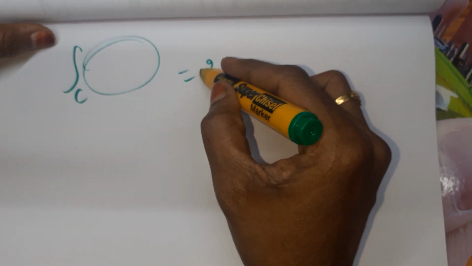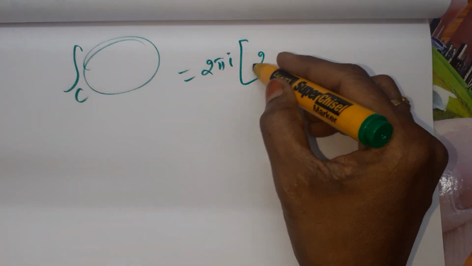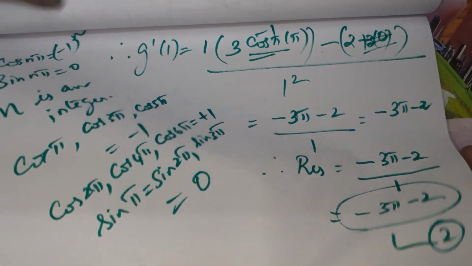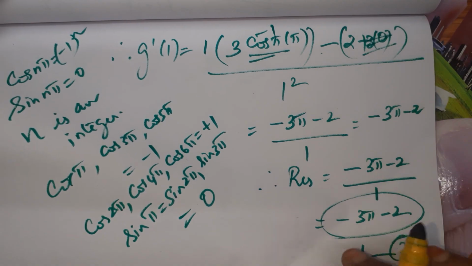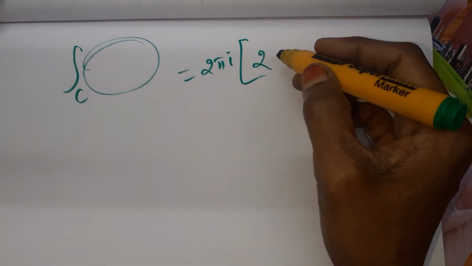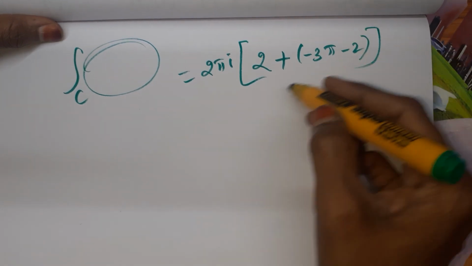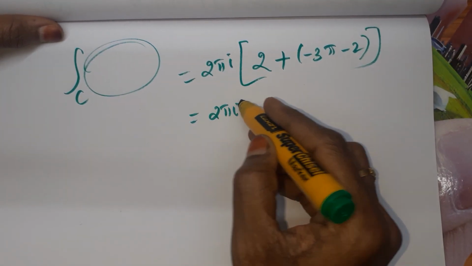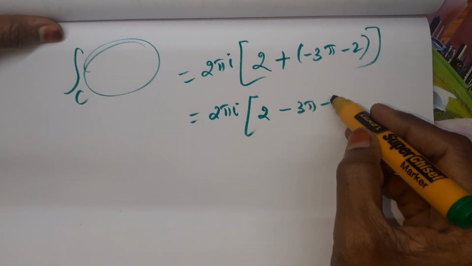So finally, the integral over C, the given problem, is equal to 2 pi i into the sum of the residues. The first residue is 2. The second residue we got as minus 3 pi minus 2. So plus minus 3 pi minus 2, which is equal to 2 pi i into 2 minus 3 pi minus 2.